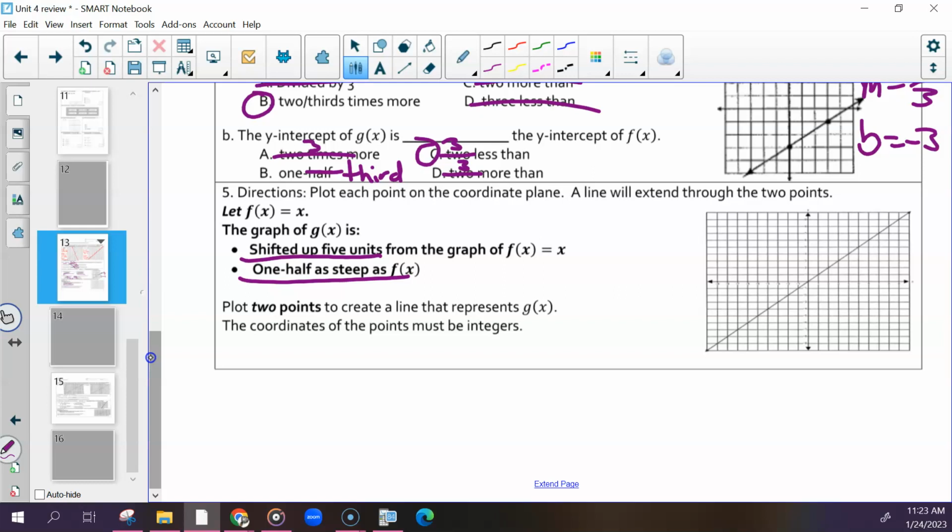Up 5. And our new slope? Half. So we need to just plot 2 points. So we plotted one for the y-intercept. Use your slope, plot one other. It does not matter.